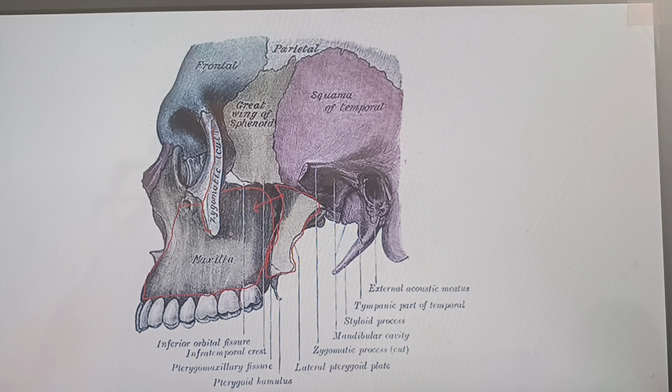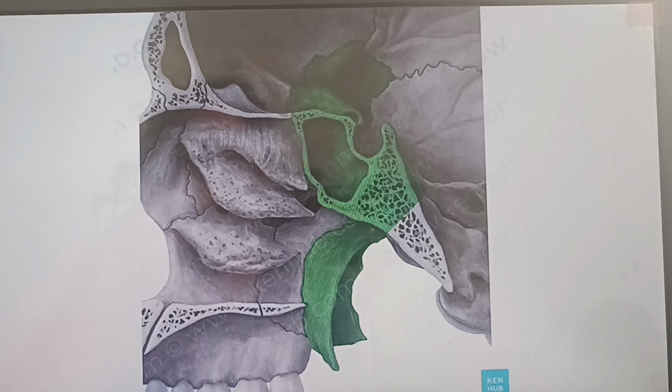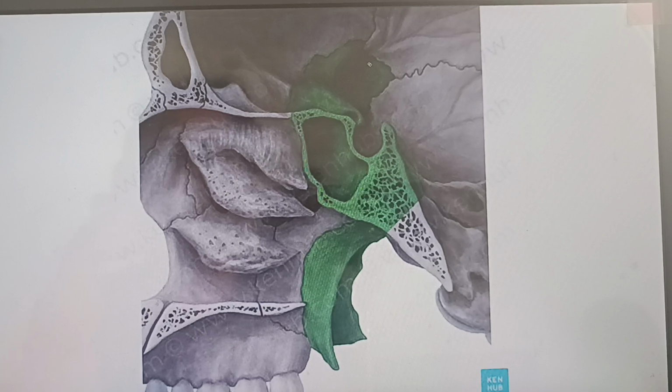All right. Now let us have another view. This view is a sagittal section of the skull, seen from inside. So in the inside view, again the green part is the sphenoid bone, and this is the medial pterygoid plate of the sphenoid bone.